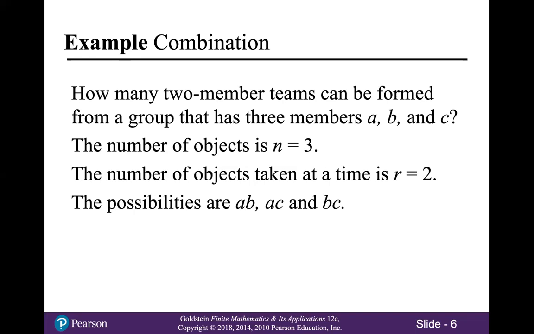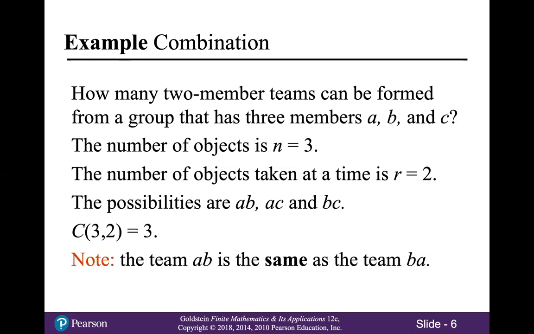And the possible teams are A and B, A and C, or B and C. Therefore, 3 choose 2 is equal to 3. Note that the team AB is the same as the team BA. Otherwise, this is a lot like the permutation example we talked about, right?